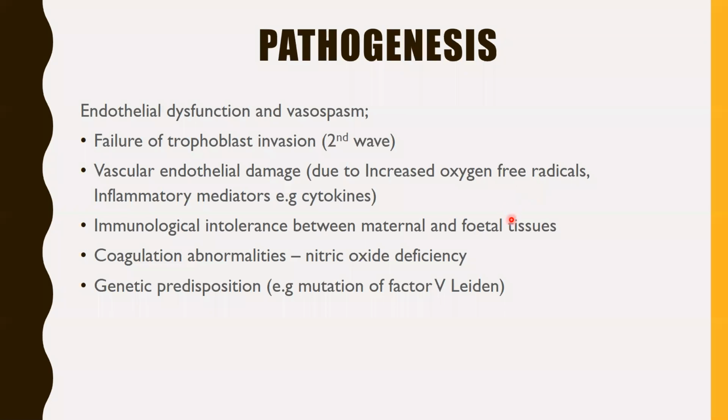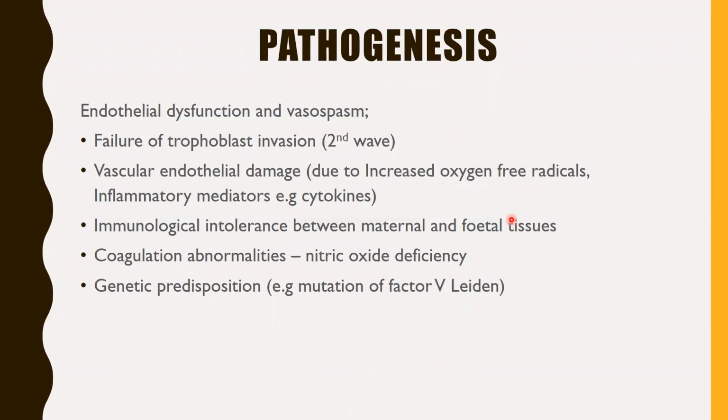Then immunological intolerance between the maternal and fetal tissues also will lead to the damage of the endothelium, as well as causing the vasospasms that will lead to eclampsia or preeclampsia.